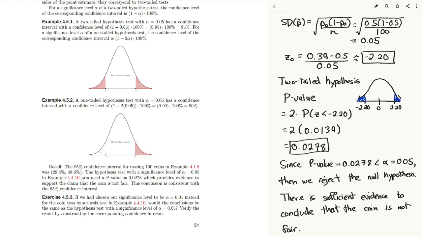And when we performed a two-tailed hypothesis test with a significance level of 0.05 from section 4.4 with the same set of data, we obtained a p-value of 0.0278, which provided sufficient evidence to conclude that the coin is not fair. And so both of these methods provided us with the same conclusion.